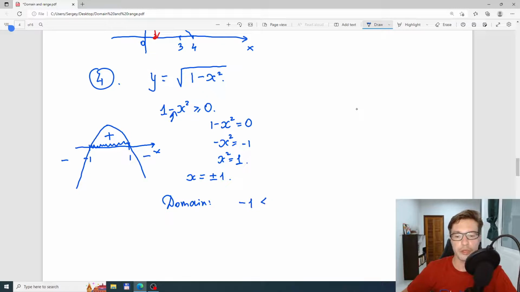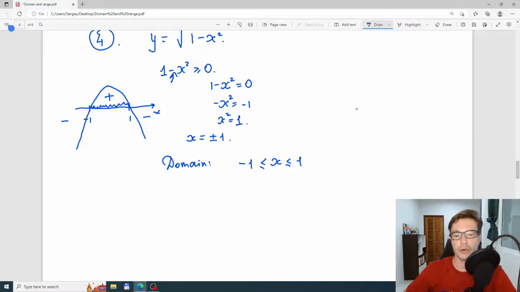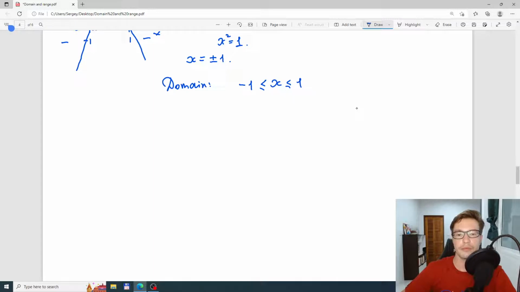X is from minus 1, including minus 1, to positive 1, again including 1. Or if you're using the interval notation, you can write it as x belongs to the interval from minus 1 to positive 1.